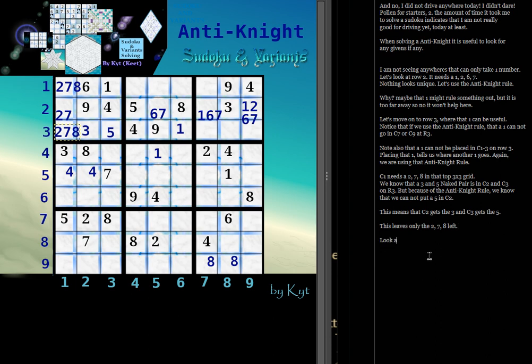So, okay, look at column 2, row 4, and that 8. Notice how it moves as a knight.